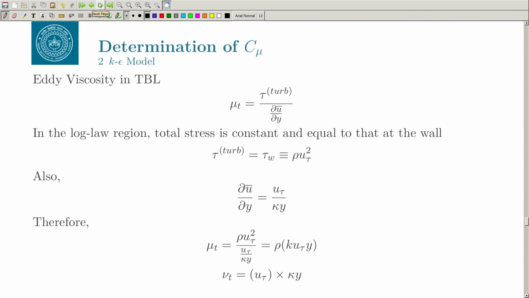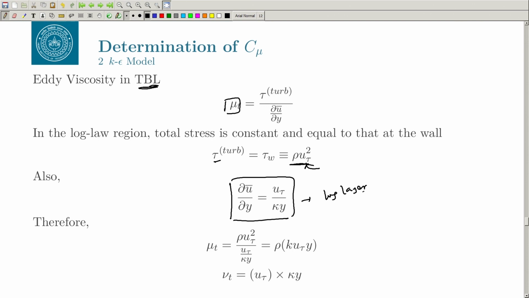Now, if you look at the turbulent boundary layer, you can also write the turbulent viscosity as mu t equal to tau by del u by del y, right, and tau is nothing but rho u tau square by the definition of the friction velocity u tau, okay, and also you have del u by del y equal to u tau by kappa y, which is the log layer, okay.